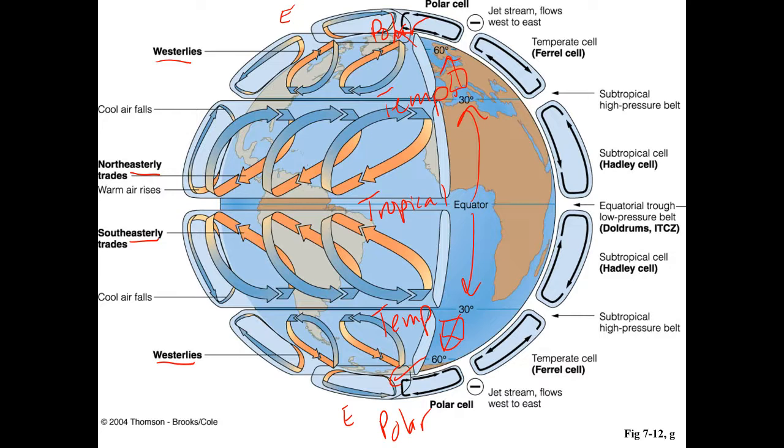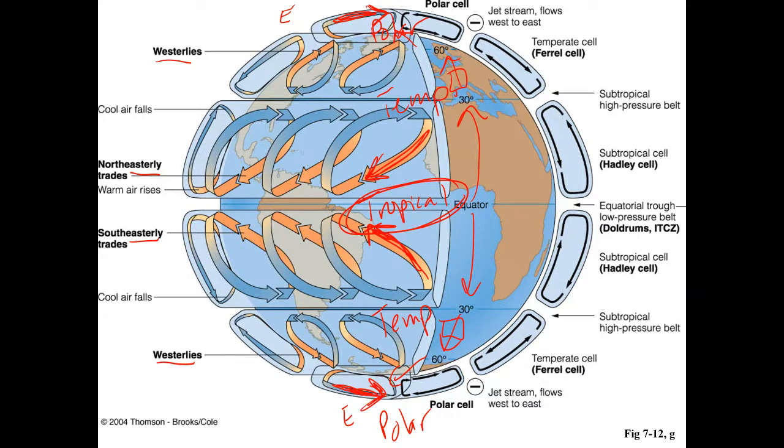If we take those 3 temperature-based bands, we should be able to match up our warms with our colds. Tropical should have warm, represented by red, both north and south of the equator. Polar should have cold, both north and south of the equator.